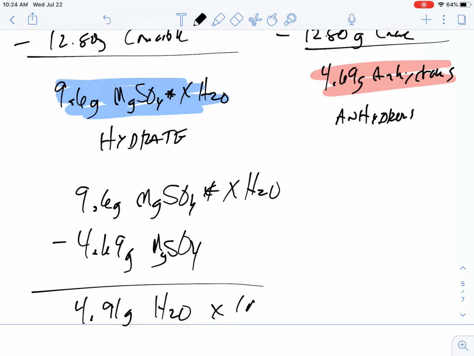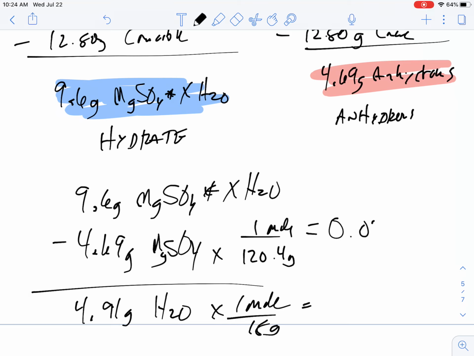And at this point, I turn them into moles, so this is 1 mole per 18 grams. If I look up all of the mass for magnesium sulfate, I should get about 120.4, assuming I have done my math right. I get 0.0390 moles here, and I get 0.273 moles here.